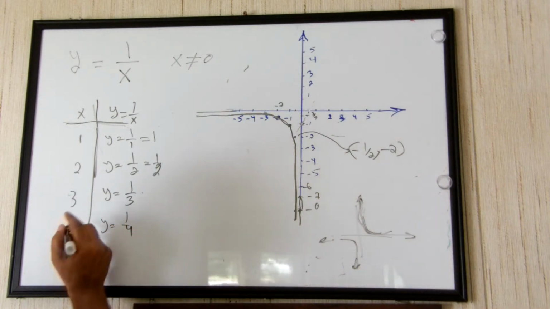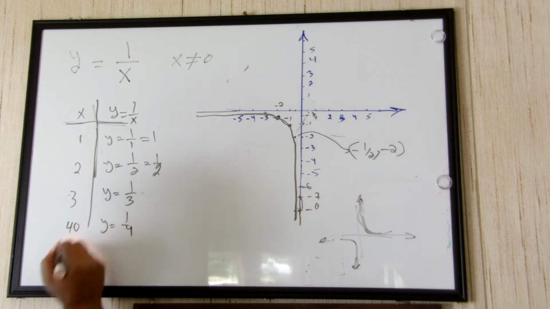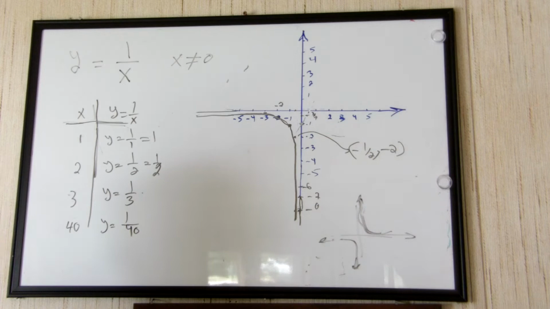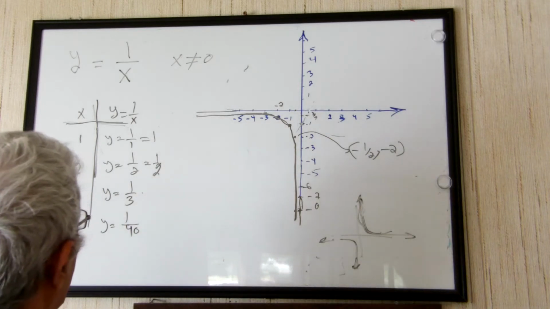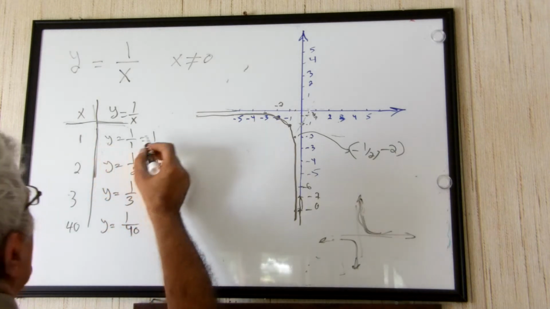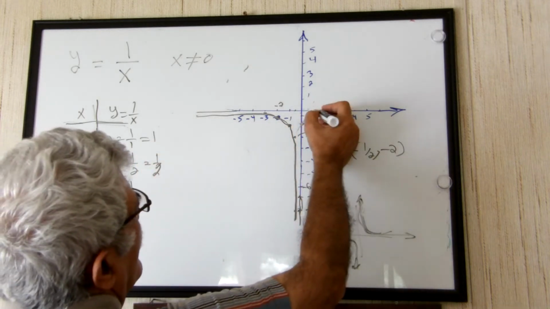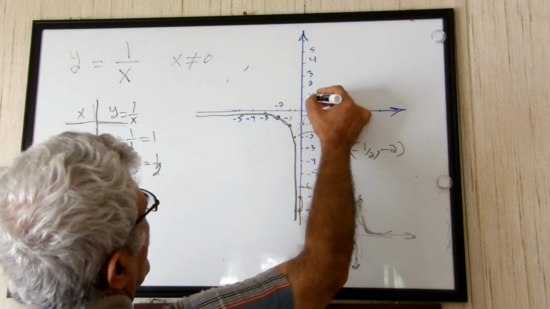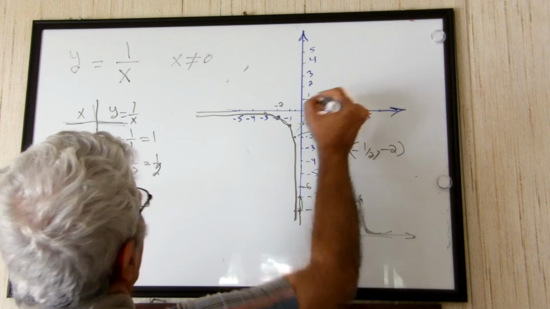You say it's going to be a small number. So what it means here: if x is 1, y is 1. Okay, the point here is this one, the 1 point.